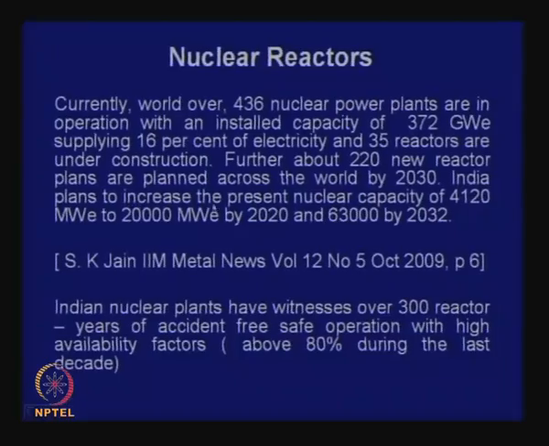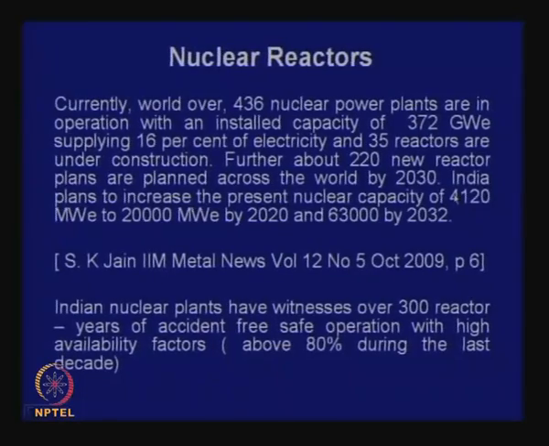India plans to increase the present nuclear capacity of 4120 megawatt to 20,000, which means 5 times by 2020, and to 63,000 by 2032. Now, there is another 22 years. In 22 years, we would like to increase it by almost 15 times.